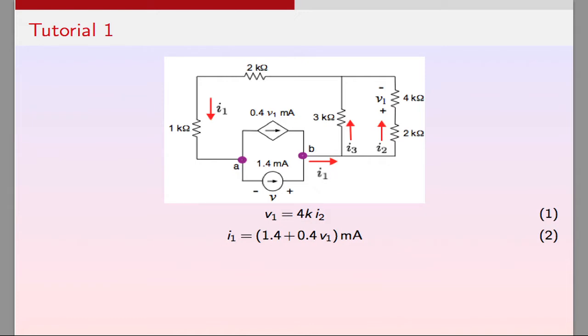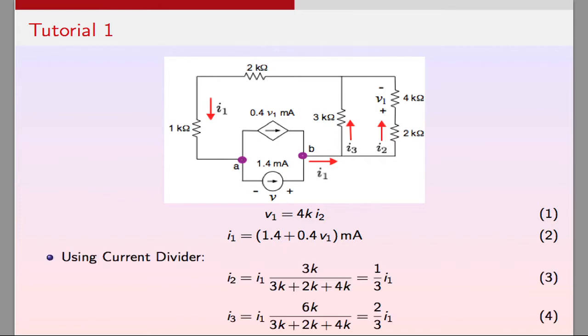Using current divider, we get the following two expressions for I2 and I3. For example, for I2, we multiply the current I1 by the resistance of the other branch, which is the 3K, and then we divide by the sum of the resistances of the two branches. And we can do the same to find I3.